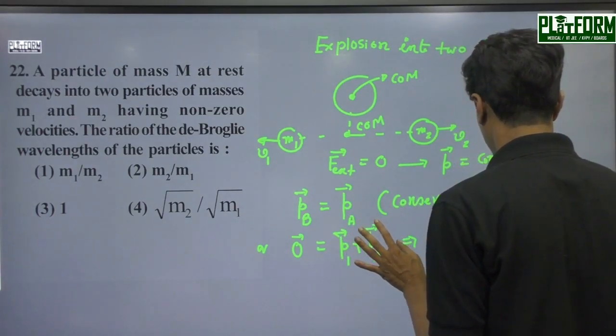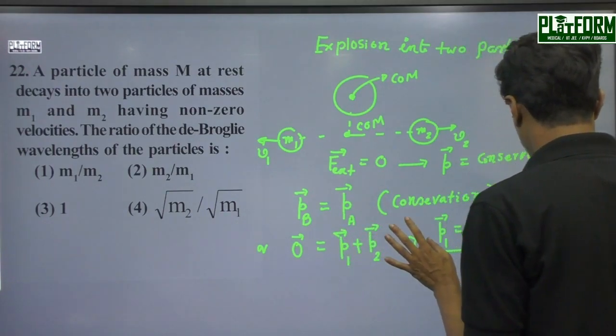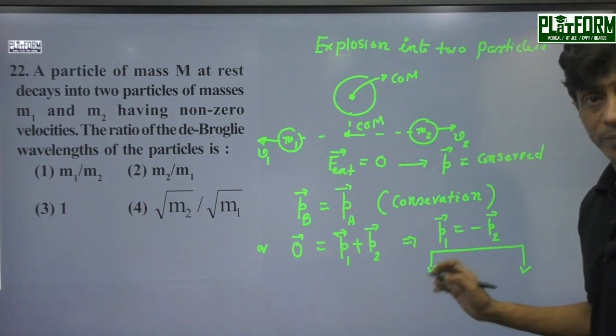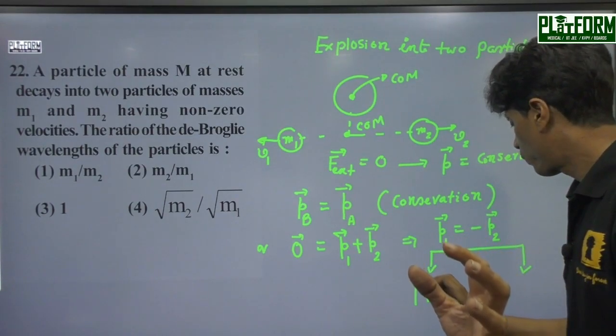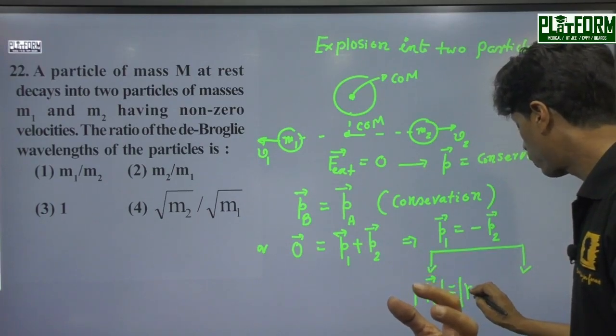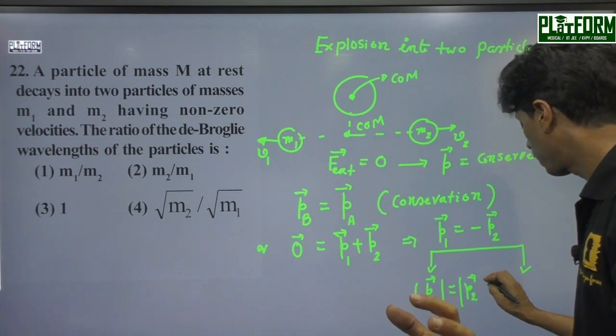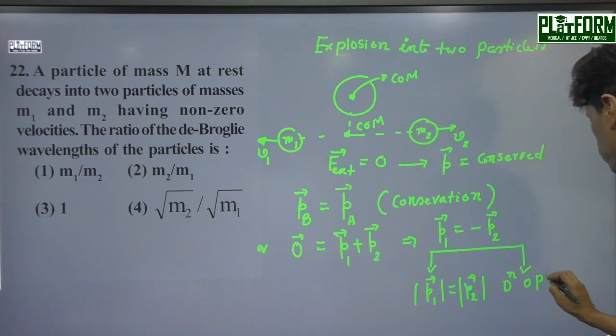It is actually known as opposite vector. Opposite vector means the magnitude of momentum of one particle is equal to the magnitude of momentum of the second particle, and the direction must be opposite.